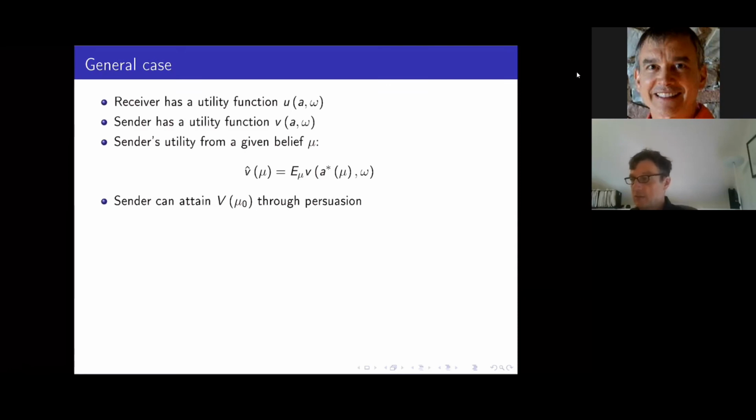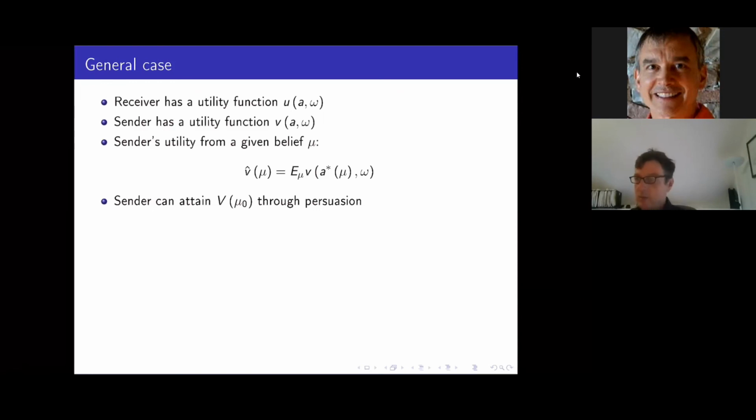in now this general environment where the receiver has simply a general utility function in a finite action, finite state space. The sender has a different utility function in a finite action, finite state space. And we can compute what the value for the sender is at a particular posterior belief by simply identifying at that posterior belief the optimal action of the receiver and then evaluating the value of the sender at that optimal action and the true state.